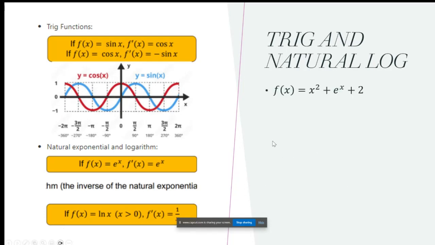Let's have a look at this first question then. f of x is equal to x squared plus e to the x plus 2. Can anyone tell me what the derivative of this function will be? Just type into the chat, and I will keep an eye on the chat to stay tuned to your answers.